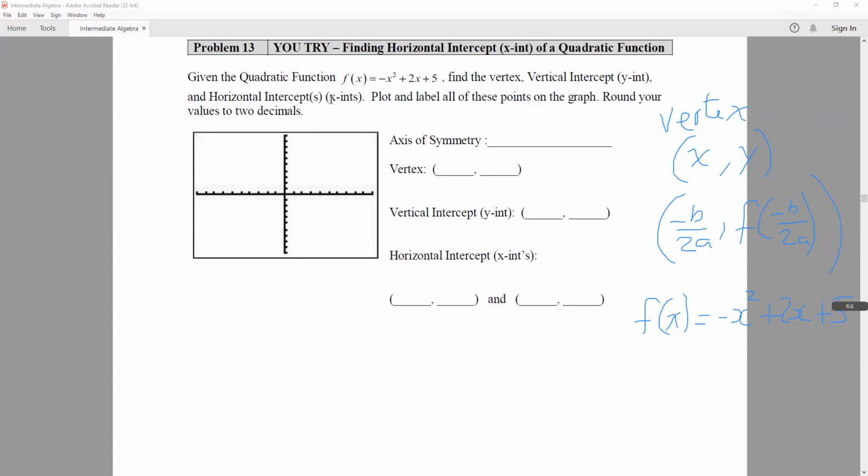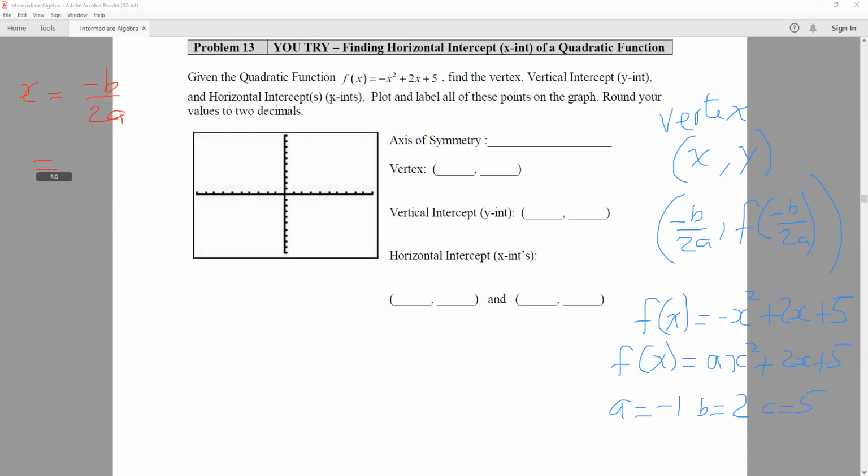Our a, if we compare this to the general form, ax squared plus bx plus c, our a is going to be negative 1, our b is going to be 2, our c is going to be 5. Now, to find the x value of the vertex, we know that x should be equal to negative b over 2a.